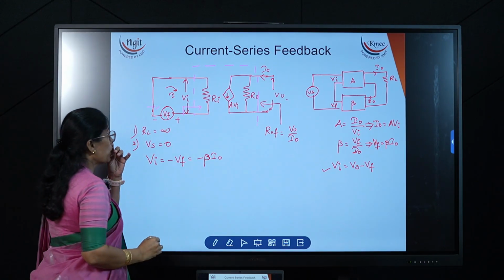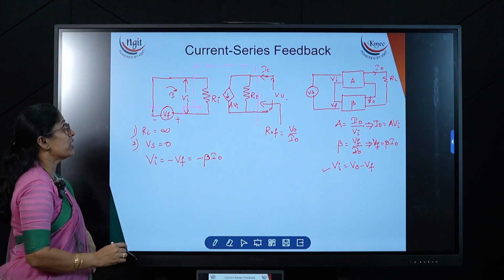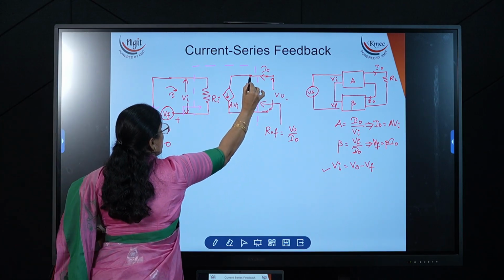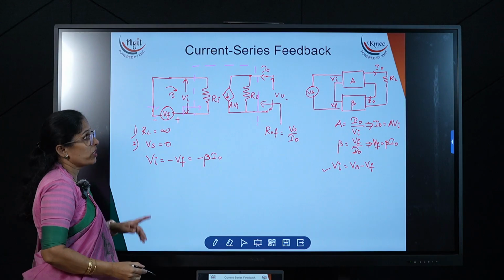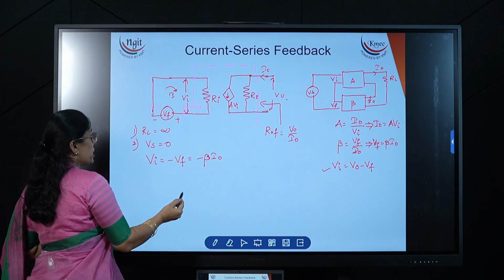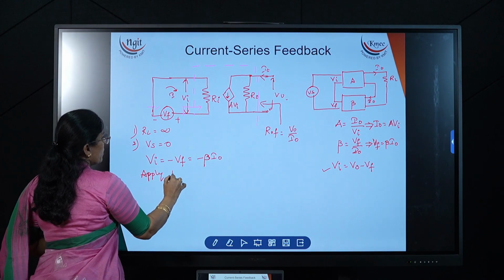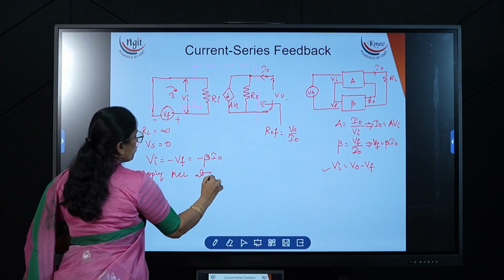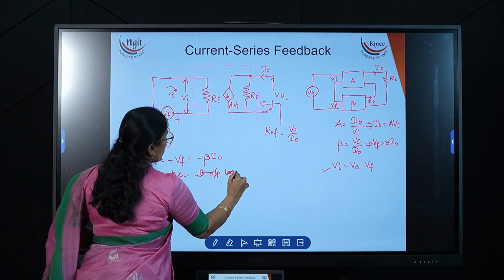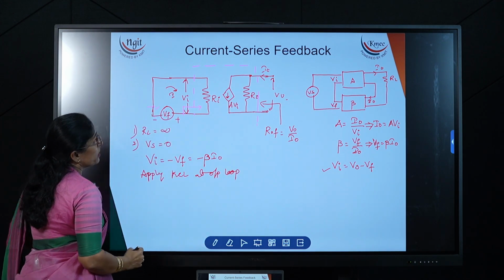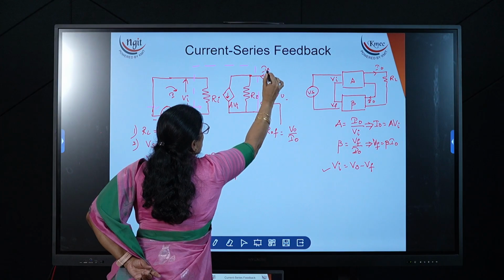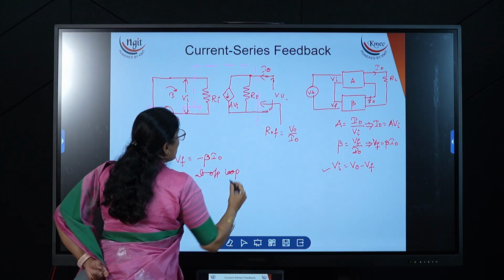Now I apply KCL at the output. Here the output is a node, not a loop, so we apply KCL at the output node. Then what can we write? I naught is the entering current, and these two are the leaving currents.